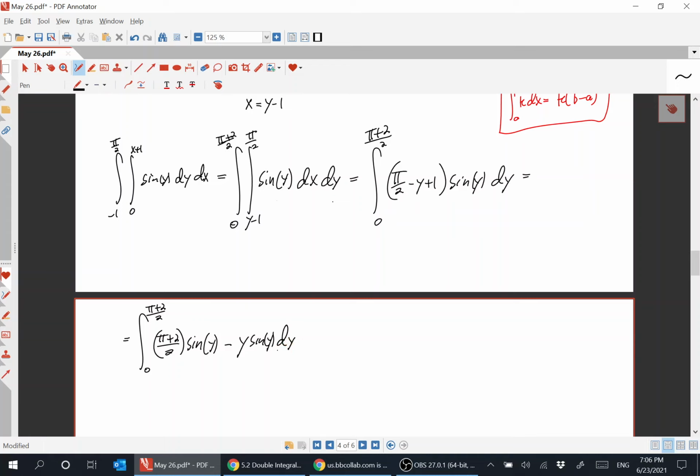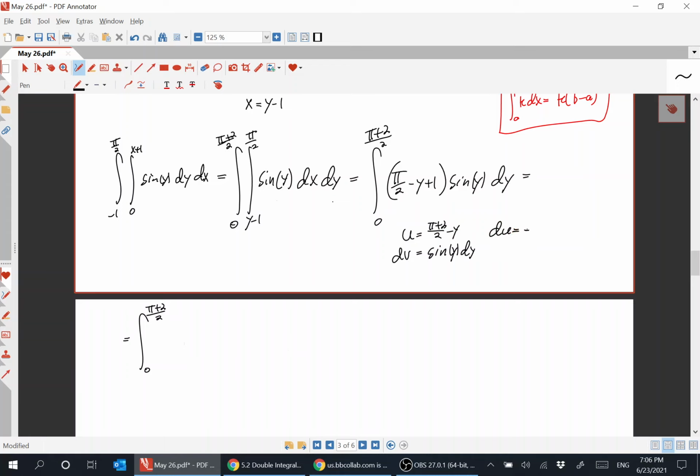Well, I guess we don't really need to do that. Let's just do our integration by parts. This is a polynomial in terms of y, just minus y plus some constant, and this is sine y. In choosing u and dv, you take the polynomial first and the trig function second. So dv is sine y dy, and u is pi plus 2 over 2 minus y.